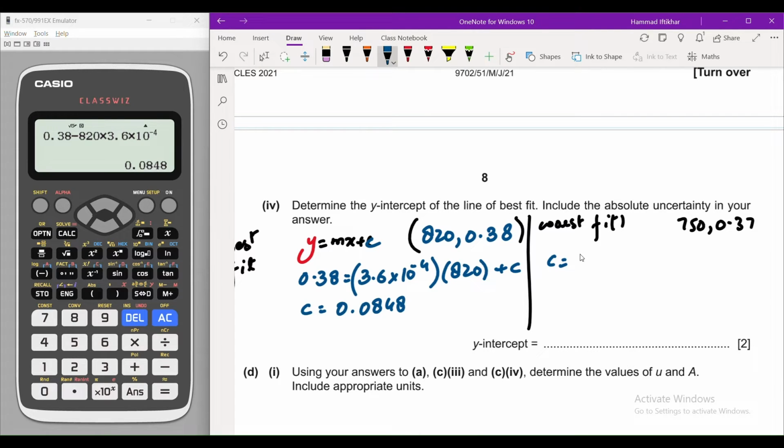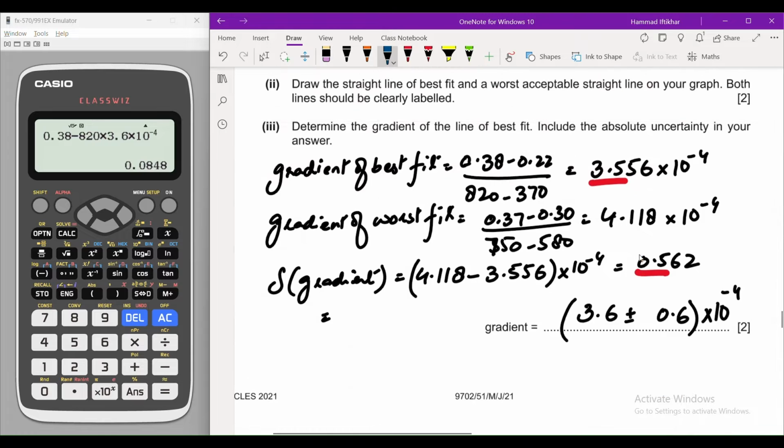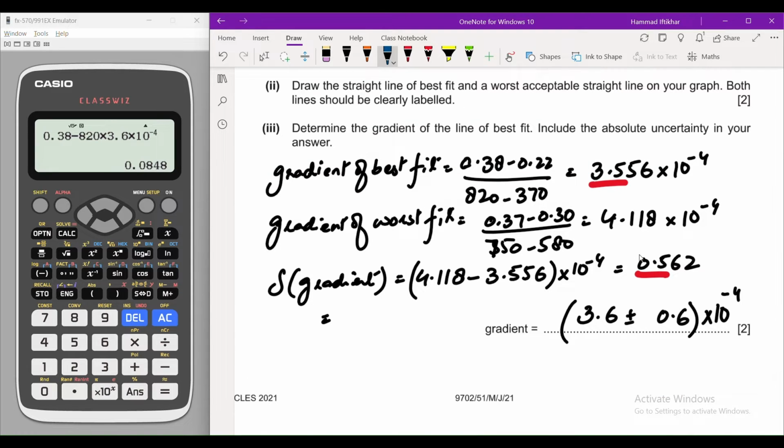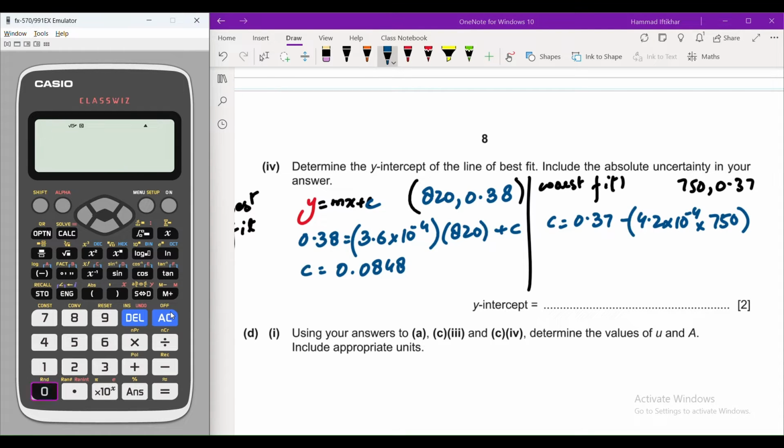C is equal to 0.37 minus the gradient of the worst fit, which is 4.2 times 10 raised to power minus 4, times 750. So 0.37 minus 4.2 times 10 raised to power minus 4 times 750. We get 0.05, sorry, 0.55.